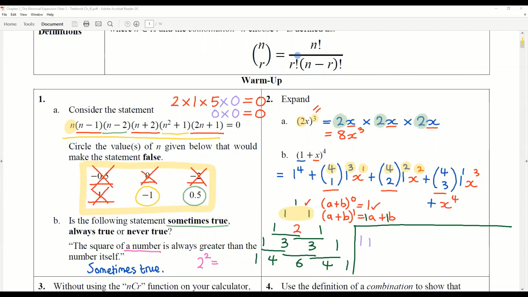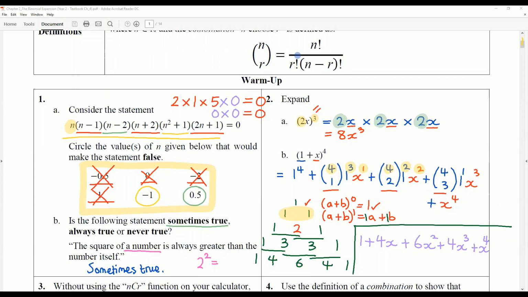Okay, getting the coefficients in there. So that's 4 choose 1 is 4, and then x to the power 1, plus 4 choose 2, which is 6, x squared, 4 choose 3, which is 4, so that's 4x cubed, and then x to the power 4 at the end. Okay, so that's questions 1 and 2.